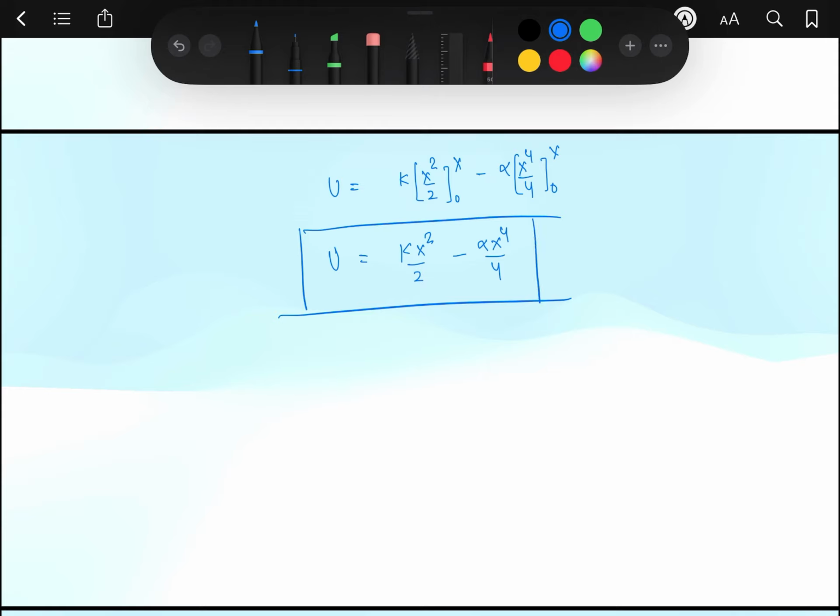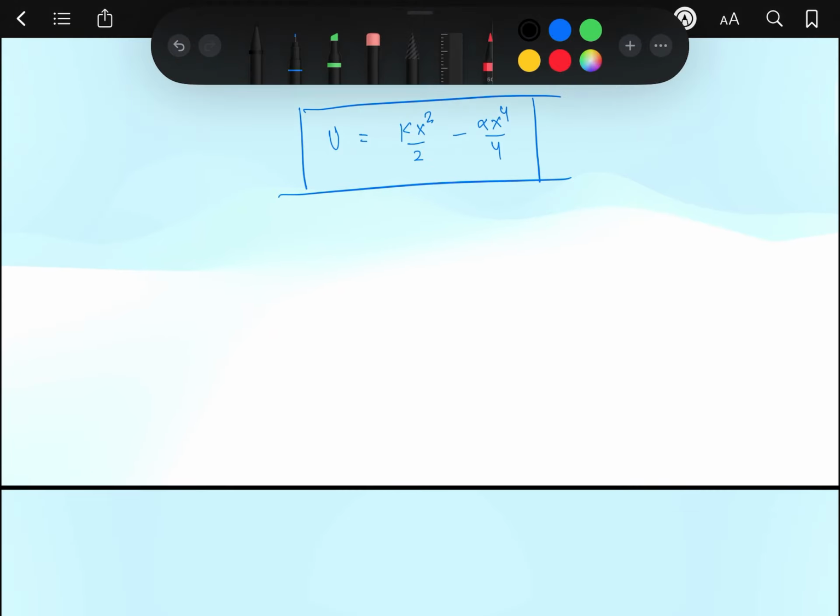Now we have to check the graph between this potential energy and x, that is, the position. So on the graph, U is on the y-axis and x, the position of this particle, is on the x-axis, and this is our origin.